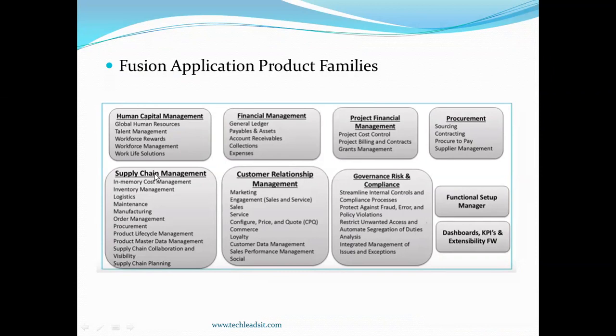These are the modules which we have in our Fusion applications. In procurement, we have sourcing, contracting, procure to pay, and supplier management. These are called offerings. In Fusion, we call them offerings, which provide the business services in this procurement application product.